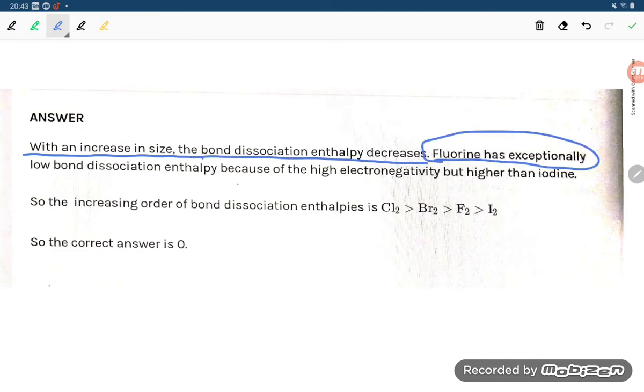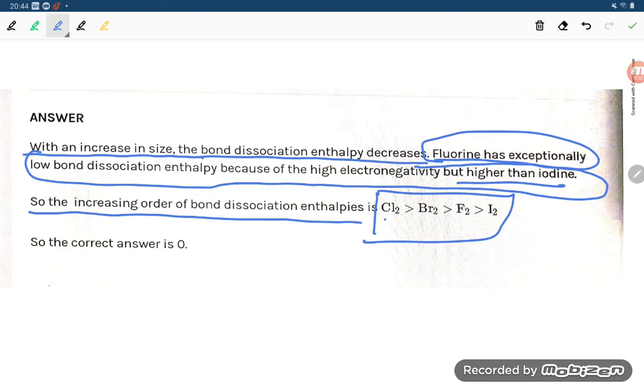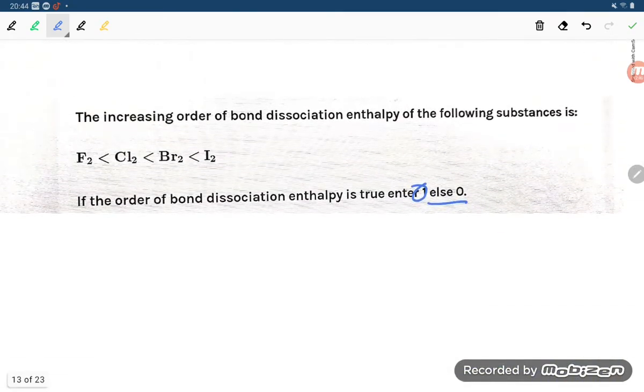Fluorine has exceptionally low bond dissociation enthalpy because of high electronegativity, but higher than iodine. So the increasing order is I2, F2, Br2, Cl2. So fluorine is less than chlorine and bromine but more than iodine. So the correct answer is 0, meaning the order given is not the correct order.